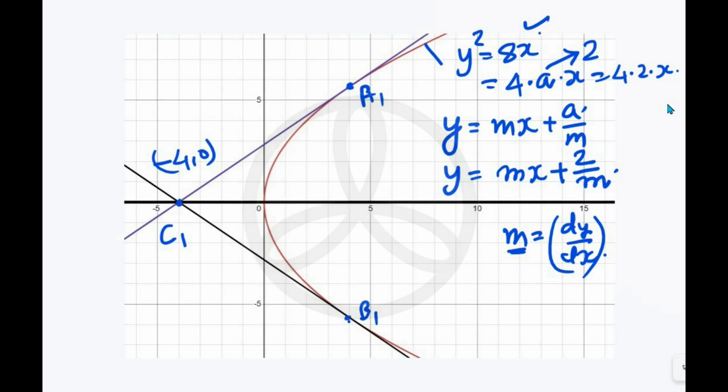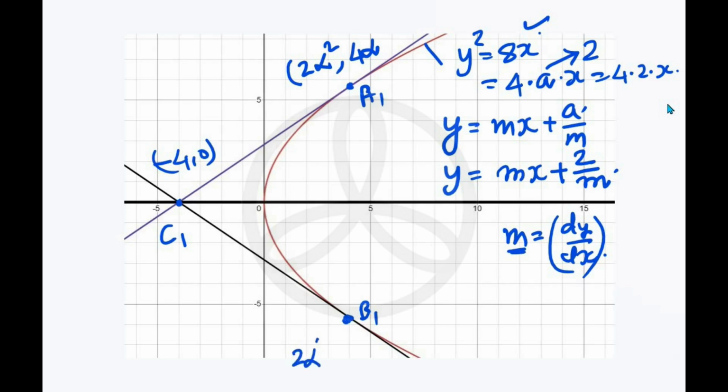Based on this, I'll assume this point as 2 alpha square, and when we substitute 2 alpha square in place of x, we get 4 alpha here, and the second value will be minus 4 alpha. And as this intersection is taking place on the x-axis, the 2 alpha square comma minus 4 alpha will be the coordinate of nothing but B1.